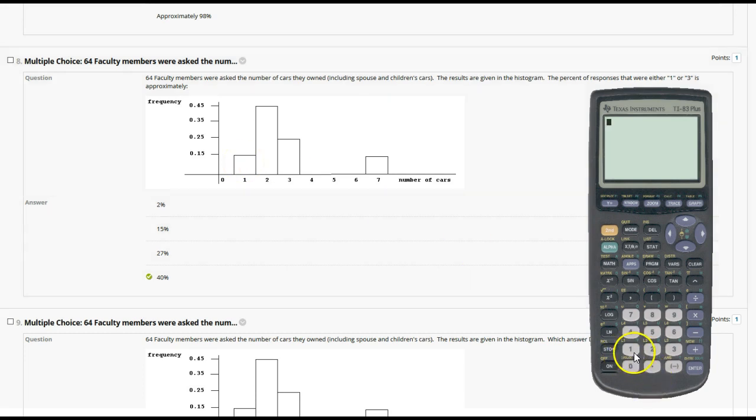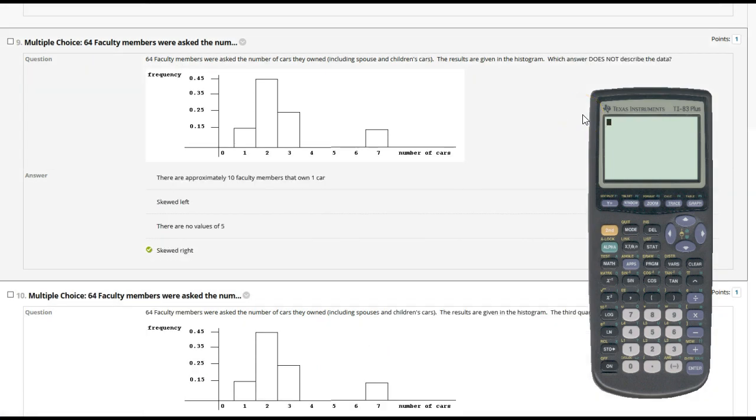And then 3 is at 0.25, which is 25%. So 15 plus 25 is 40%. So approximately 40% of the faculty members have either 1 or 3 cars.